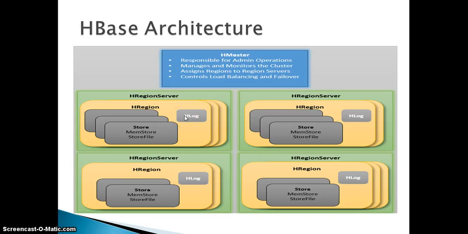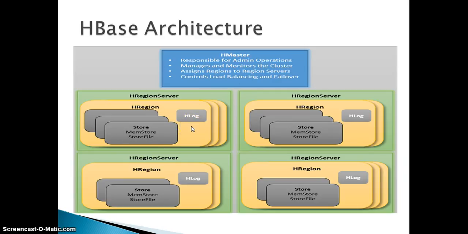This is what each HRegion will contain. HRegions are the actual data nodes which store the data, and each has three things. One is the memstore, and I'll talk about what the memstore will contain. It also contains the HStore file, where the actual content of the data resides. And we have something called the HLog, which is a write ahead log.